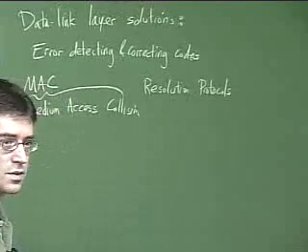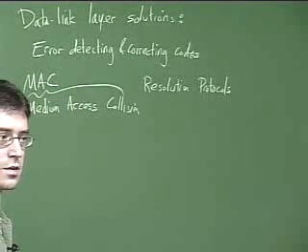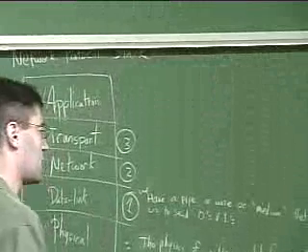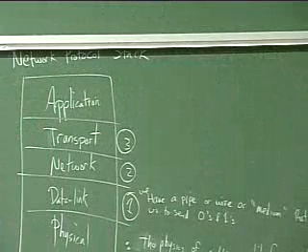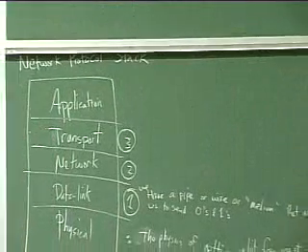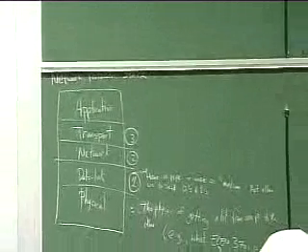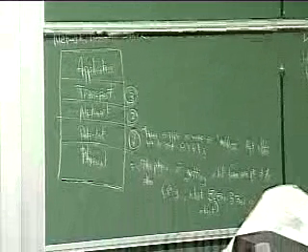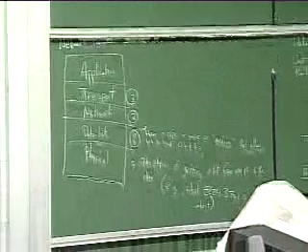Okay, any questions? So that's the data link layer: how to get bytes, now not just bits, but streams of information, from point A to point B, where A and B are directly connected by a medium.